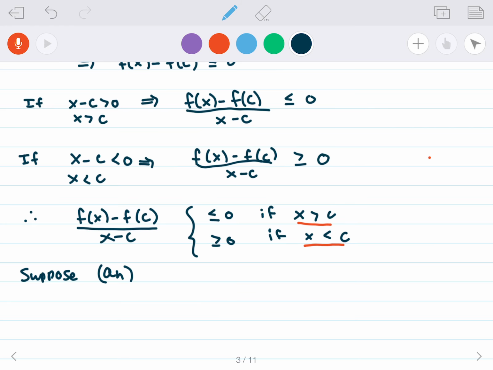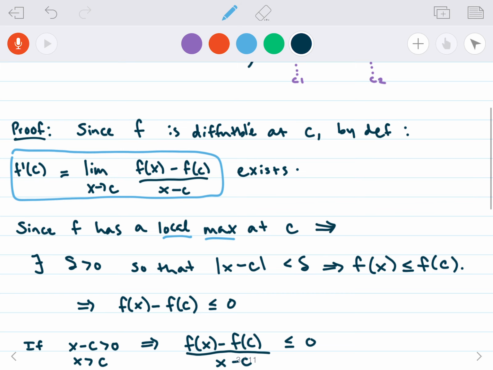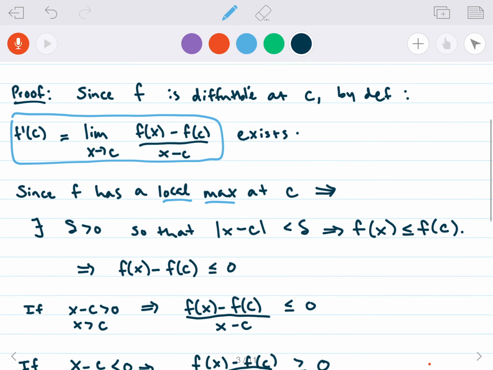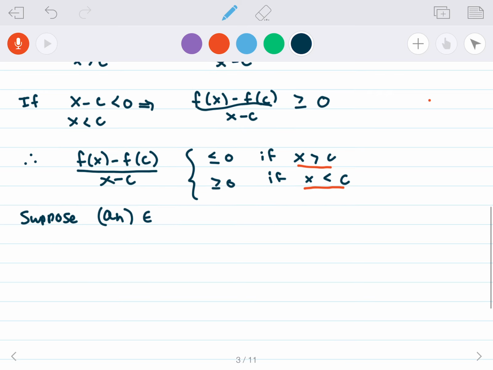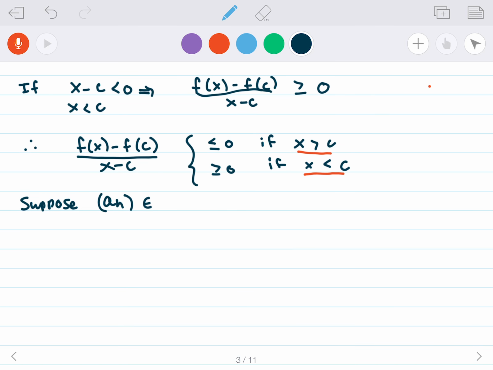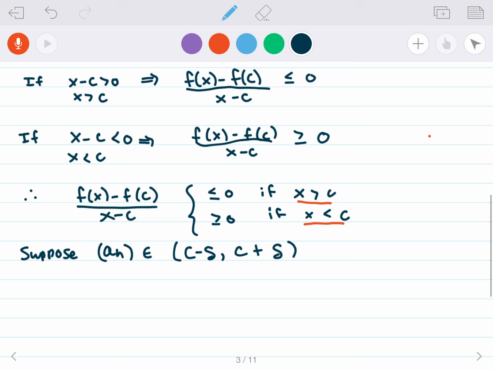So we have the sequence in our neighborhood, and let's not forget what our neighborhood is. This is our neighborhood centered at c with a radius of delta. So this sequence is going to be in c minus delta, c plus delta.